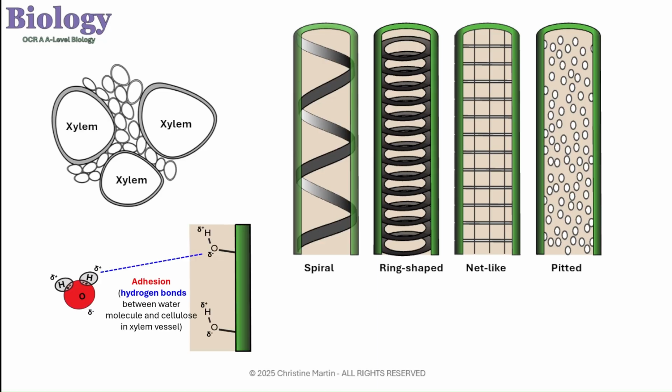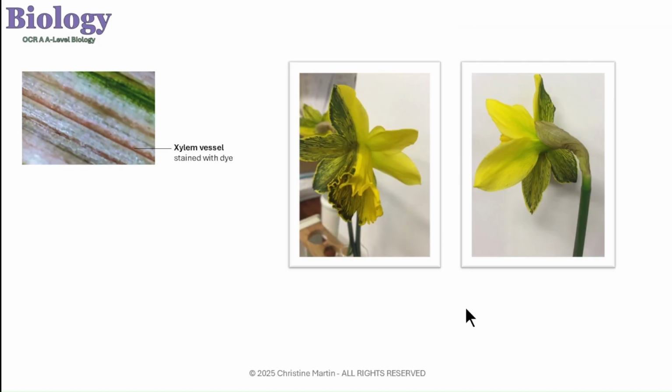And adhesion helps water remain in contact with the xylem wall and supports the upwards movement of water through the plant by capillary action. The narrow diameter of the xylem vessel further enhances this capillary action, supporting the continuous water transport from root to leaves.